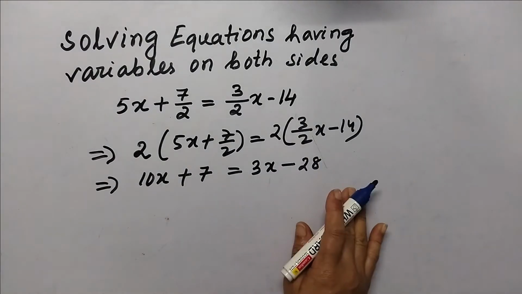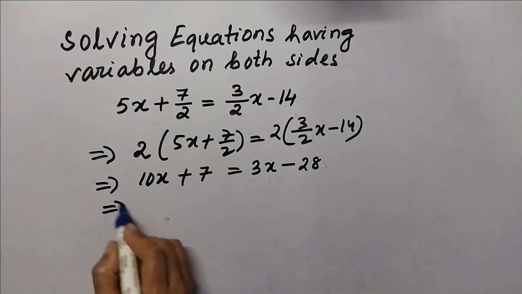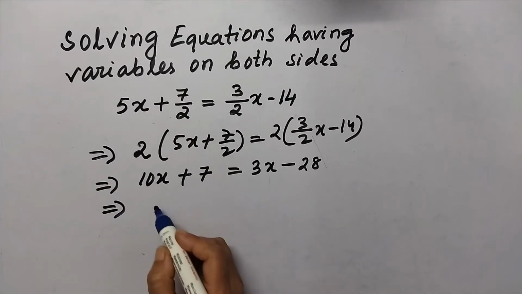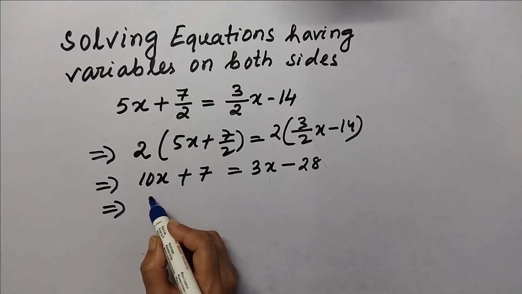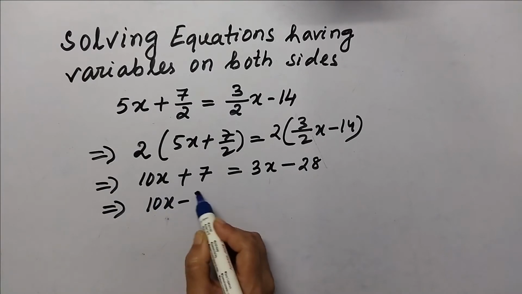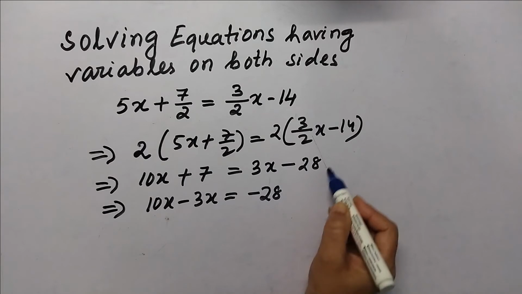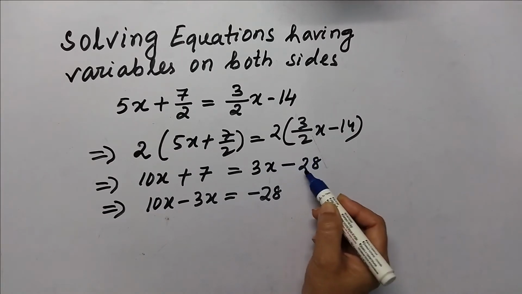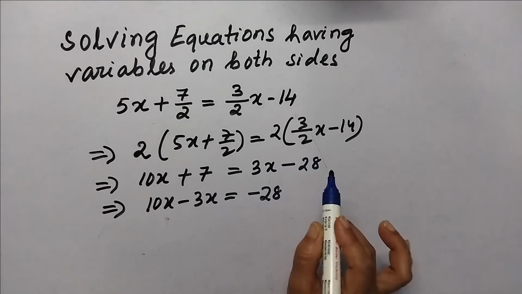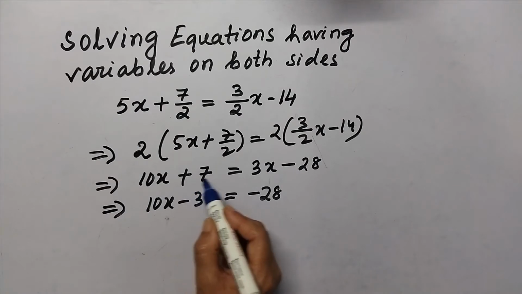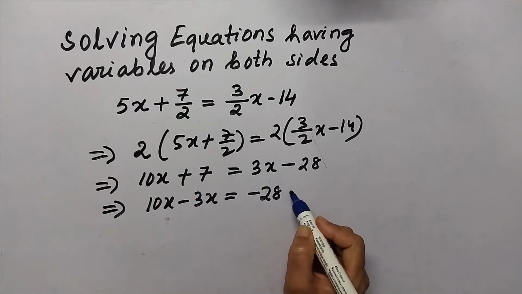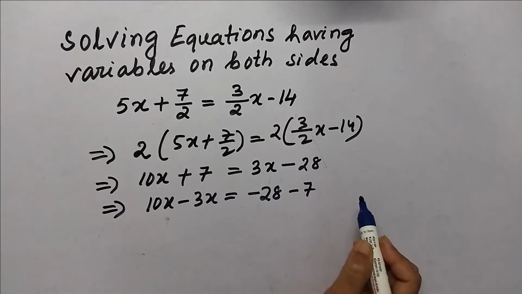Now this is in simple form, so we can bring all the variable terms to the LHS. 10x minus 3x is equal to negative 28. Why negative 28? Because it stays in its own place, no need to change. Here positive 7 we transpose to the RHS, and it becomes negative 7.